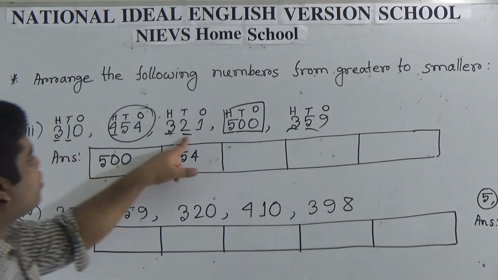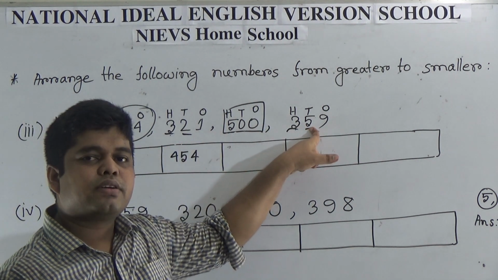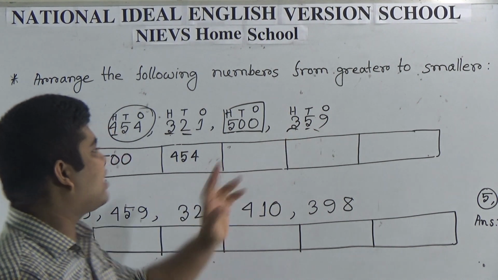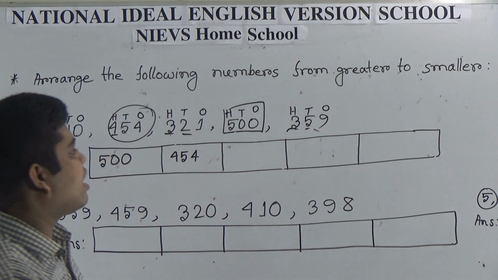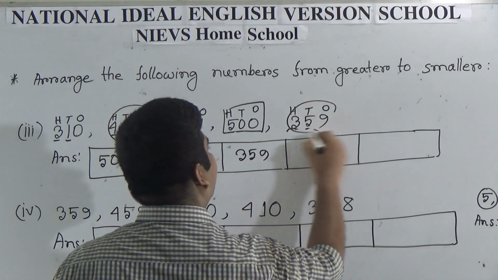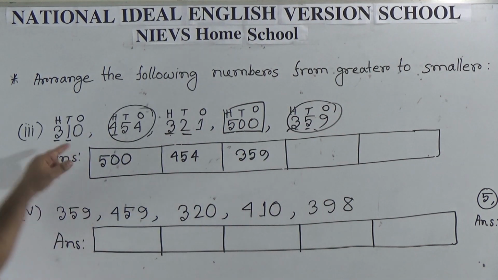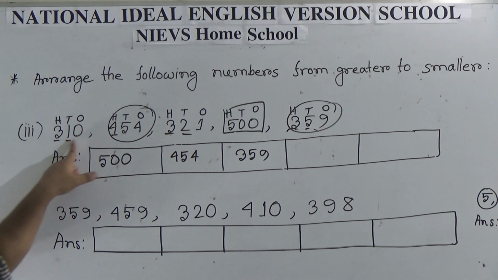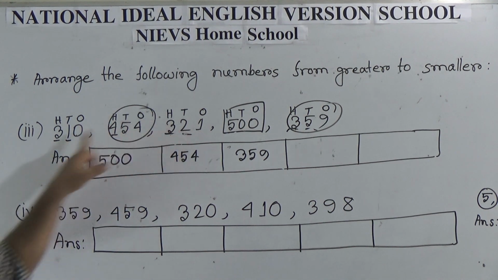From 1, 2 and 5, 5 is greatest. So, we consider 359 is greater than the other two numbers. So, we write 359. Okay. Again you notice hundreds place digit is same, tens place 1 and 2. So, from these two numbers we notice 2 is greater than 1.